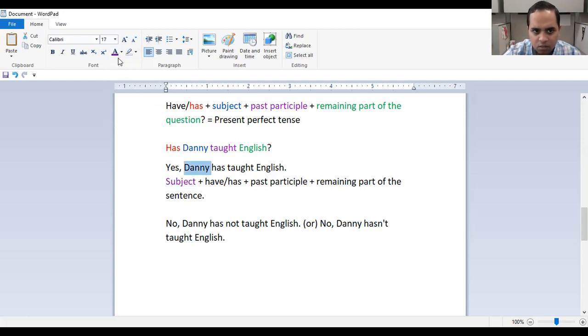Danny. We're using has because Danny is singular. What's the past participle? Taught. And the remaining part of the sentence is English.